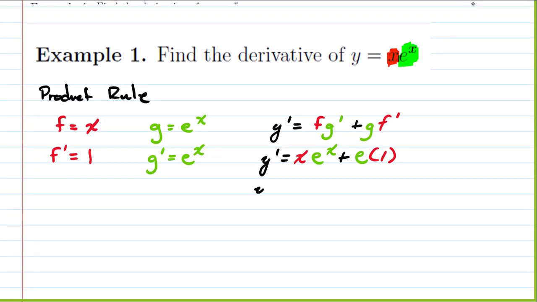So then we get y prime is equal to x e to the x plus e to the x. I left my x off up here. And then if you wish, you can factor out your common e to the x, and you get x plus 1 times e to the x. So that's the derivative of x e to the x: x plus 1 times e to the x.